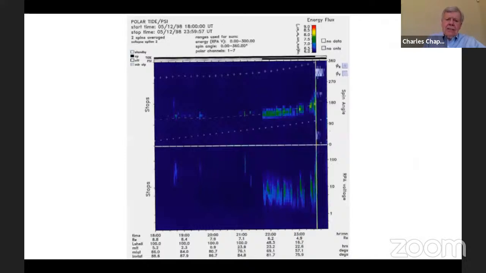Now, to dramatically show that prior to missions like Polar, we could not see what was going on in the lobes. We developed our ideas about how the magnetosphere works, not being able to see anything in the lobes.